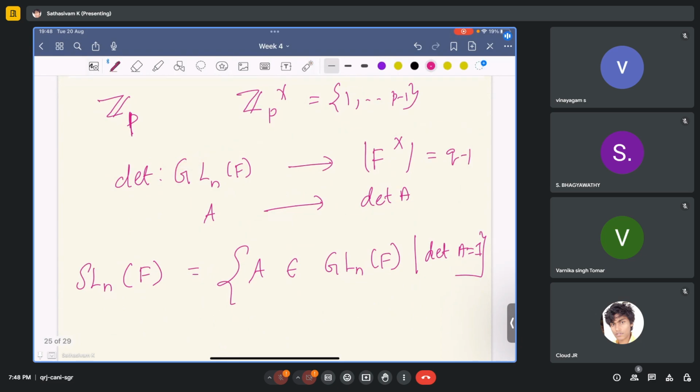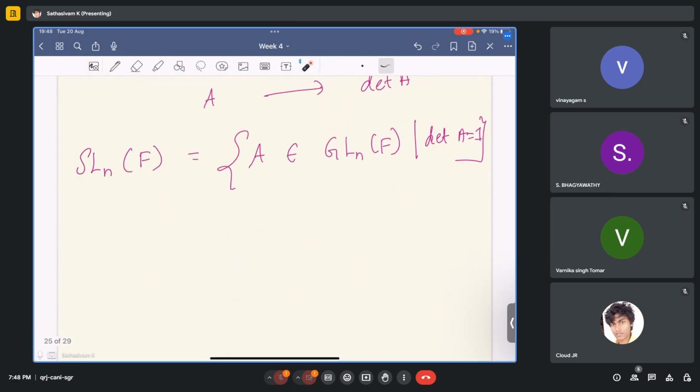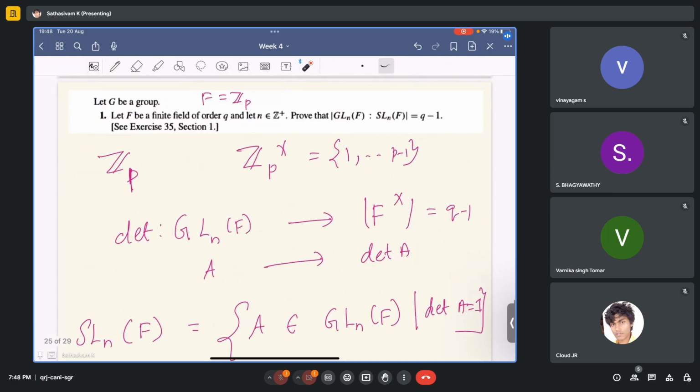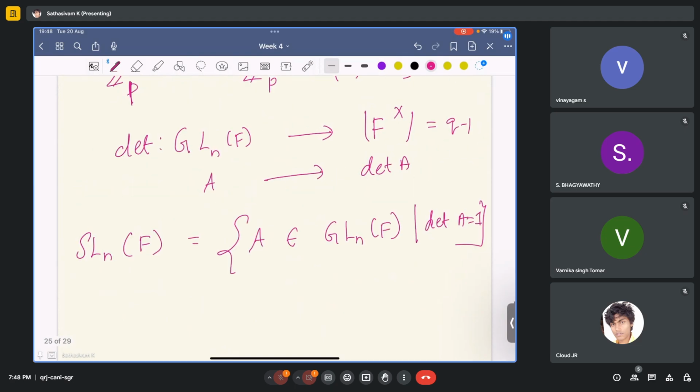One thing you can observe is that the determinant is actually a surjective map. For right now, I'll just assume this F is nothing but Z_p, and we have a map to Z_p star.